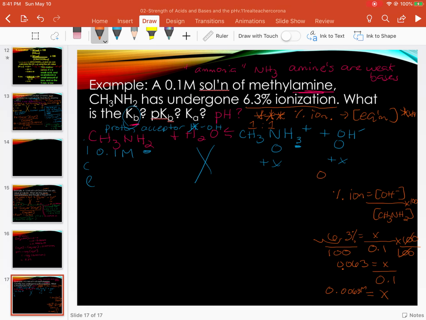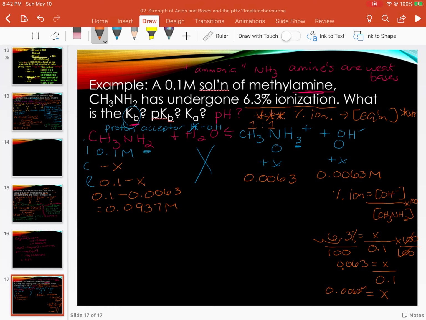Skip too many steps. So now this number tells us our X value, which goes over here. This is minus X. Which does give us a tiny number. And like I said, your textbook will use the 0.1.